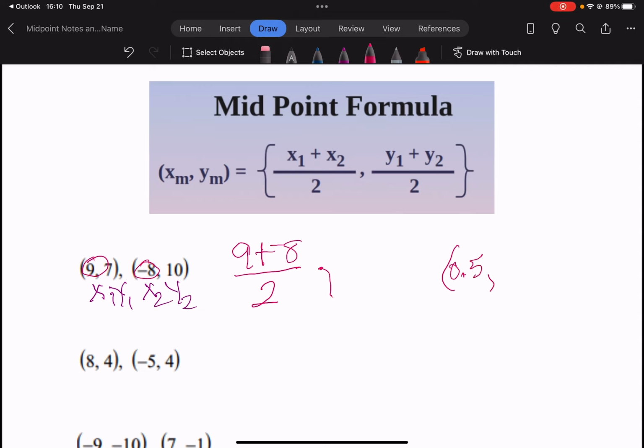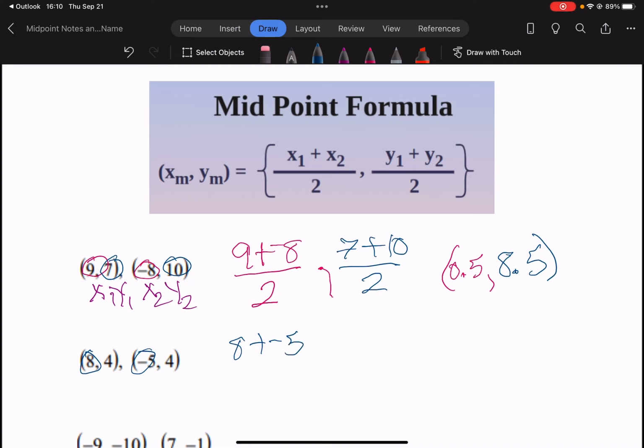All right, and next we use our y's, 7 and 10. 7 plus 10 is 17. Half of 17 is, yes, 8.5. Okay. So once again, which two numbers am I going to add together? Right, 8 and negative 5. 8 plus negative 5.